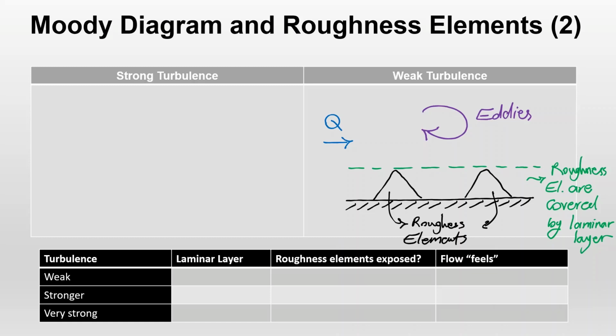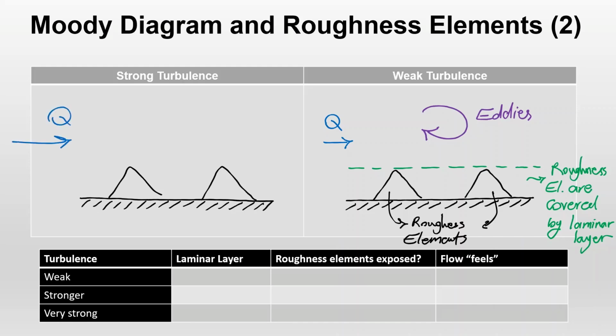Okay. Now let's take a look at another example in which we have strong turbulence. So again, I'm going to sketch the same wall pipe, and remember that the scale is microscopic, so it's very, very small. Now this time I have a stronger flow, Q, and also I have stronger eddies. And these are eddies.